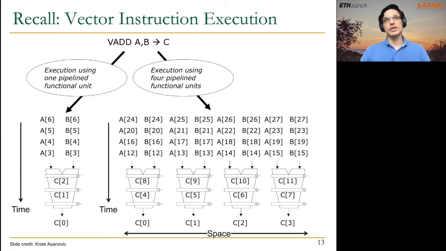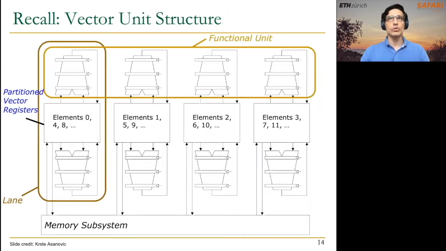We usually group these functional units that compose a whole SIMD engine or whole SIMD functional units into what we call lanes. Each of these lanes is typically composed of several of these ALUs, and they have access to a certain amount of registers as they are needed for the execution of the operations in these ALUs. We talk about a whole register file that is partitioned, and each partition is assigned to one lane.